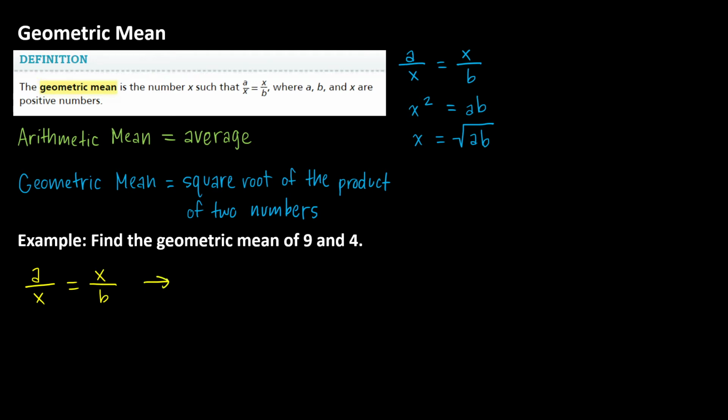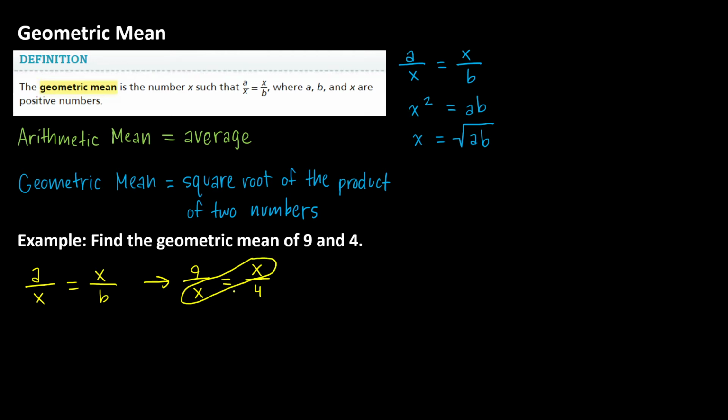I'm going to set this up. So a is, let's call that 9. It doesn't really matter the order anyway because you're multiplying here. So 9 over x is equal to x over 4. This will only work if your x is across from itself.